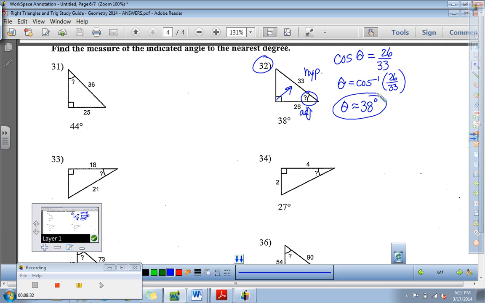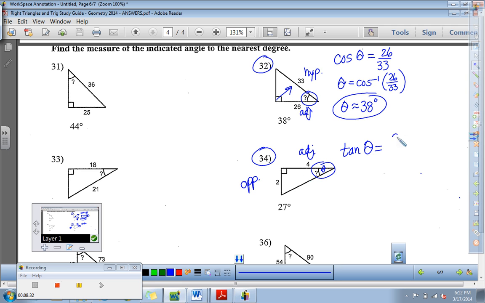Okay, let's look at 34. Once again, here's the angle that we care about. We can call that theta. We are given, according to this angle, this side 2 here would be opposite. And the side 4 here would be adjacent. So what uses opposite and adjacent? Tangent. The tangent of theta, angle always goes right after sine, cosine, or tangent.